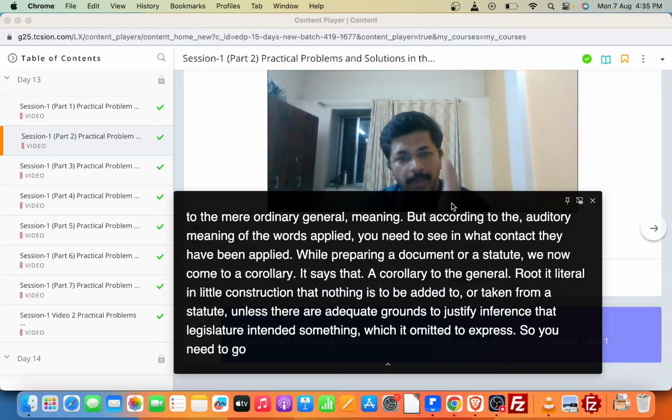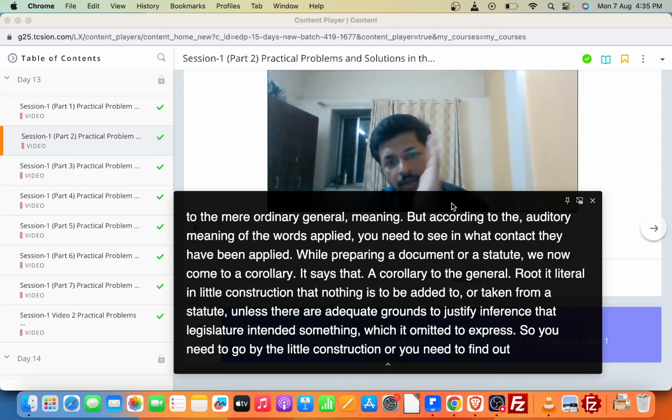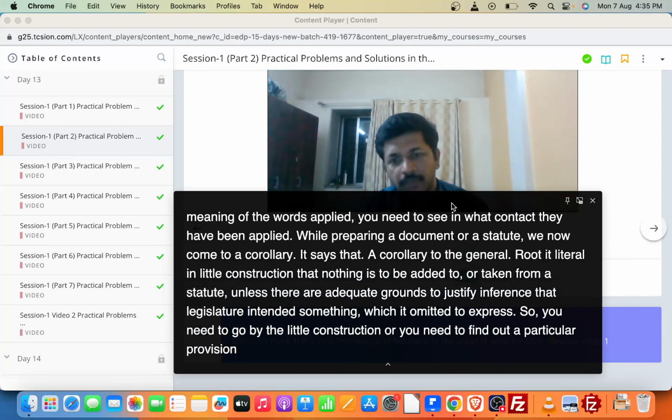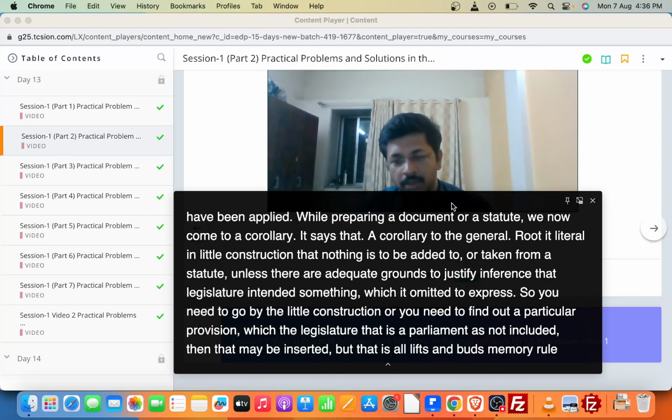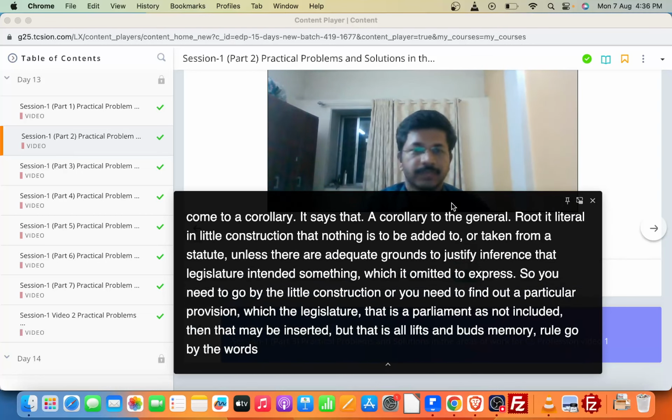So you need to go by the literal construction, or you need to find out a particular provision which the legislature, that is the parliament, has not included, then that may be inserted. But that is all ifs and buts. Primary rule, go by the words.